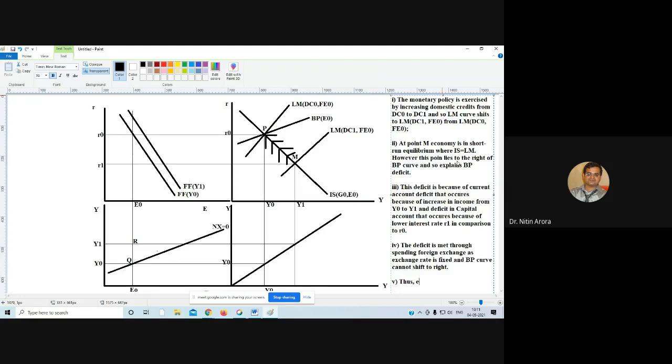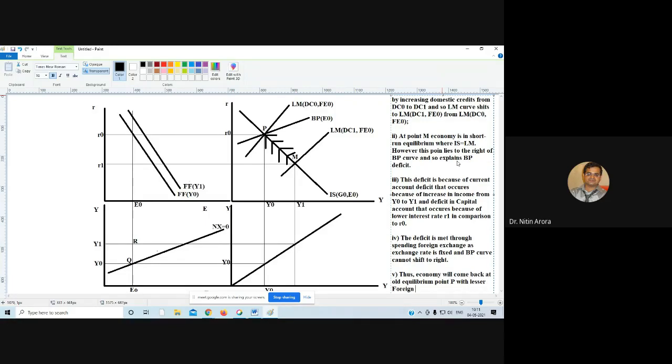The economy will come back at old equilibrium point P with lesser foreign exchange assets FE1. Okay, lesser foreign exchange assets FE1.